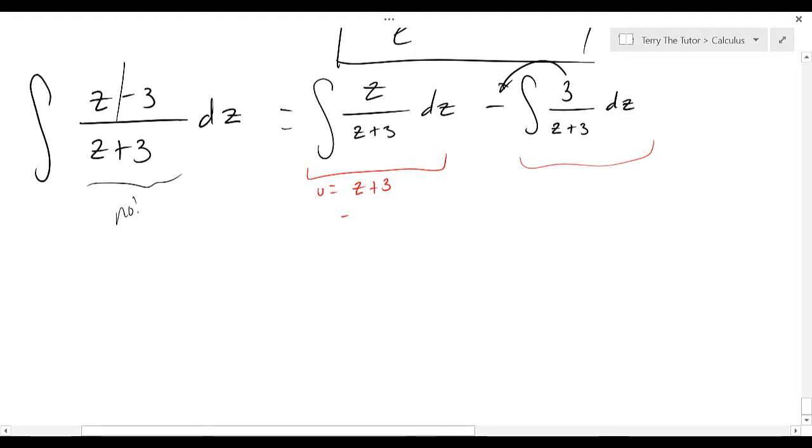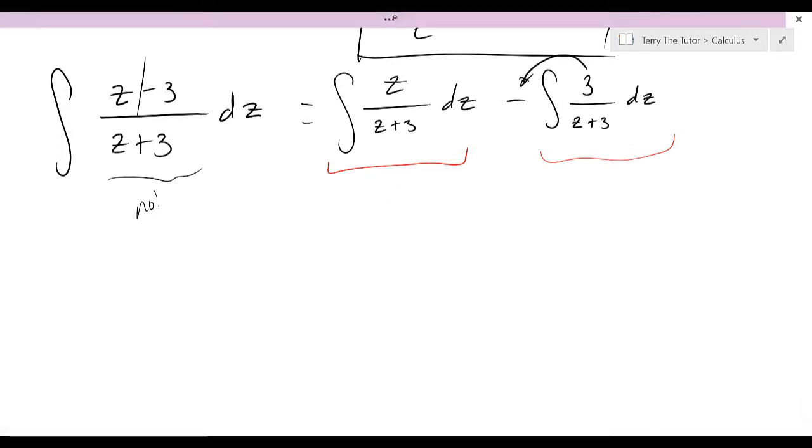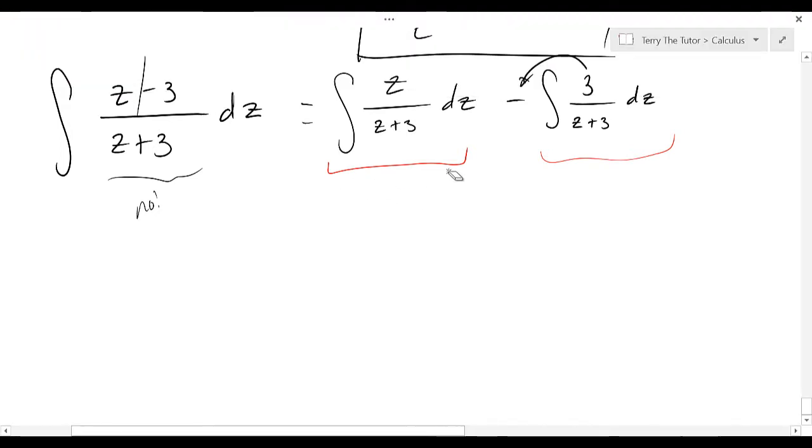Alright, after staring at that problem for long enough, I finally realized what we needed to do. It's something we haven't had to do yet. It's called long division. Yes, you can be put in a situation where you have to do long division on your test.